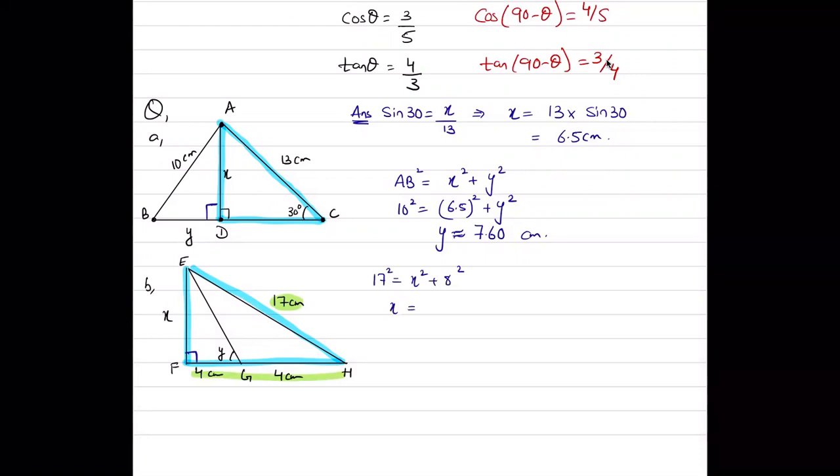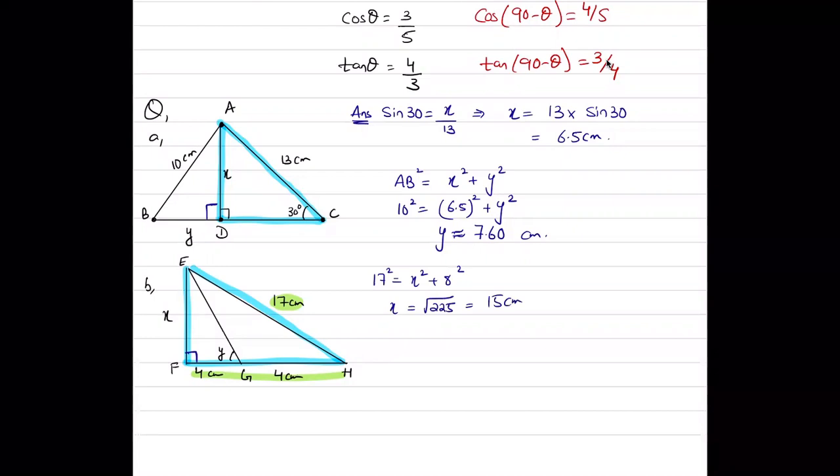What is the value of x coming? 17 square minus 8 square, square root is coming out to be 225. Square root of 225, that is 15.